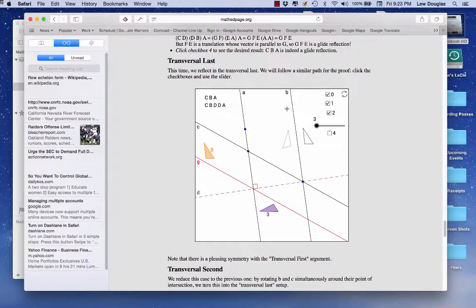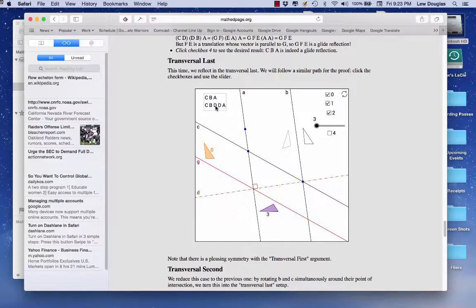That line goes from the intersection of the transversal with the second parallel to the first parallel, and where it hits, that perpendicular is line D. So line D is perpendicular to the parallel lines. If we reflect in D twice, that's the identity. It brings you right back to where you started, so you can insert a DD anywhere you want.